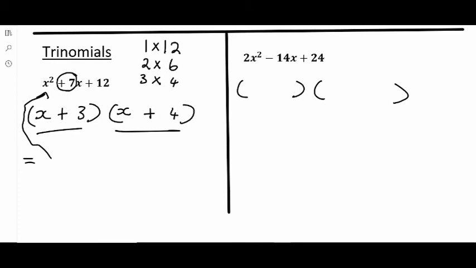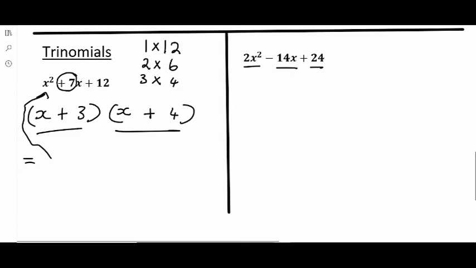Okay, if we look at the second example. Now, this is a little bit of a trick question, because a student would be tempted to just apply trinomial methods to this expression, and that would actually be incorrect. Remember I said the common factor method takes preference over all other factorizing methods. So that is the method that you need to look for first. Is there a common factor between these three terms?